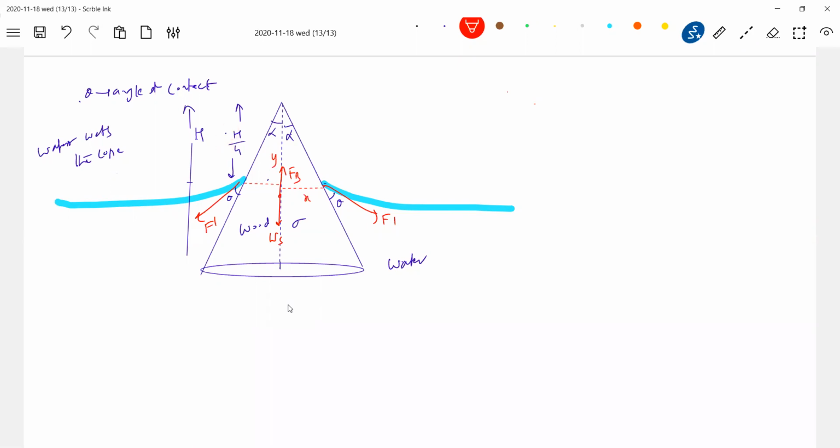Sorry, this is h by 4, and 3h by 4 is immersed. So we know already h by 4. So can we calculate x? So this will be tan alpha equal to x by h by 4.